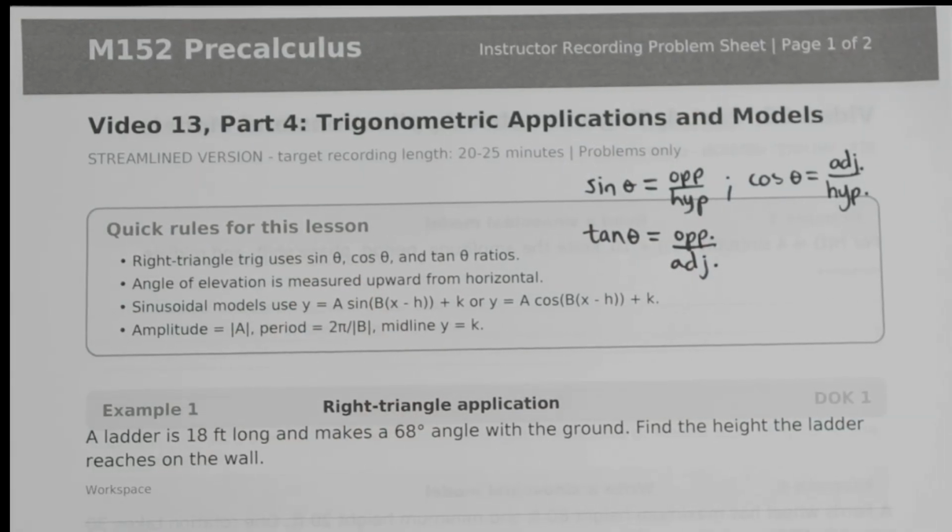The angle of elevation is measured upward from horizontal.